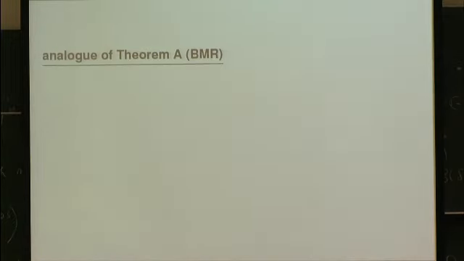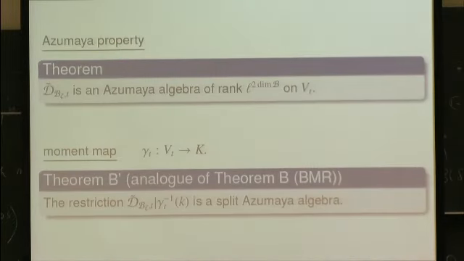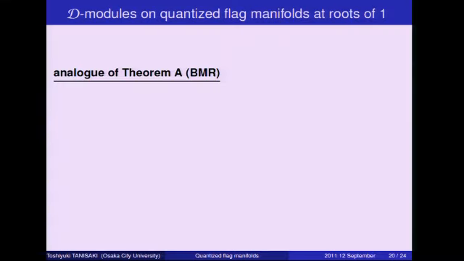Okay, so this was an analog of theorem B. And also, I want to consider some analog of theorem A. Theorem A was equivalence between derived categories.